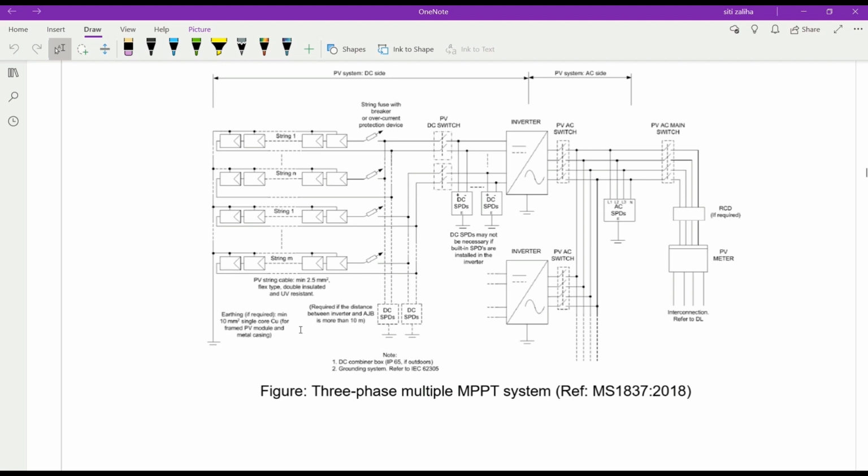So on the DC side, same circuit diagram, but the difference here is a three phase multiple MPPT inverter. So on the AC side, you need to draw the three phase system. So multiple MPPT, again, you have more than one terminal because of the multiple MPPT.